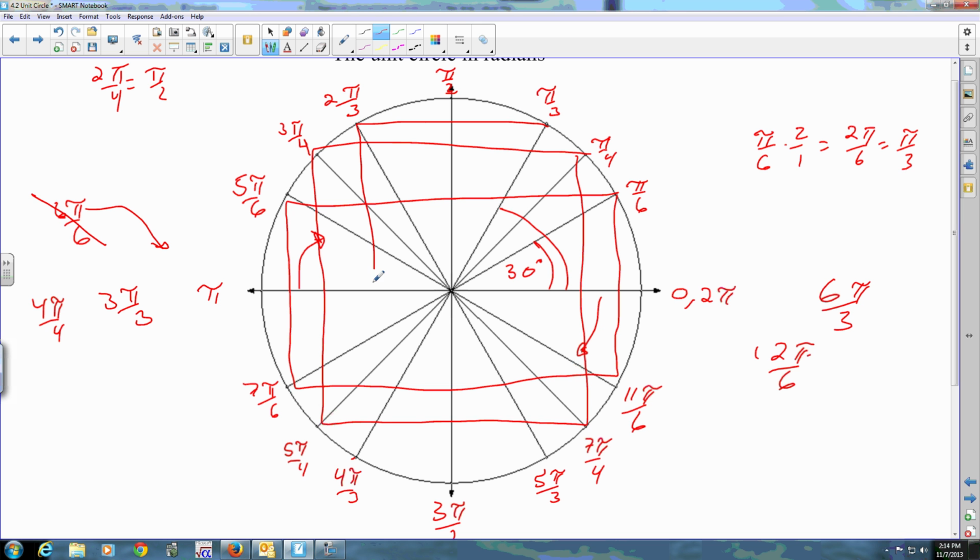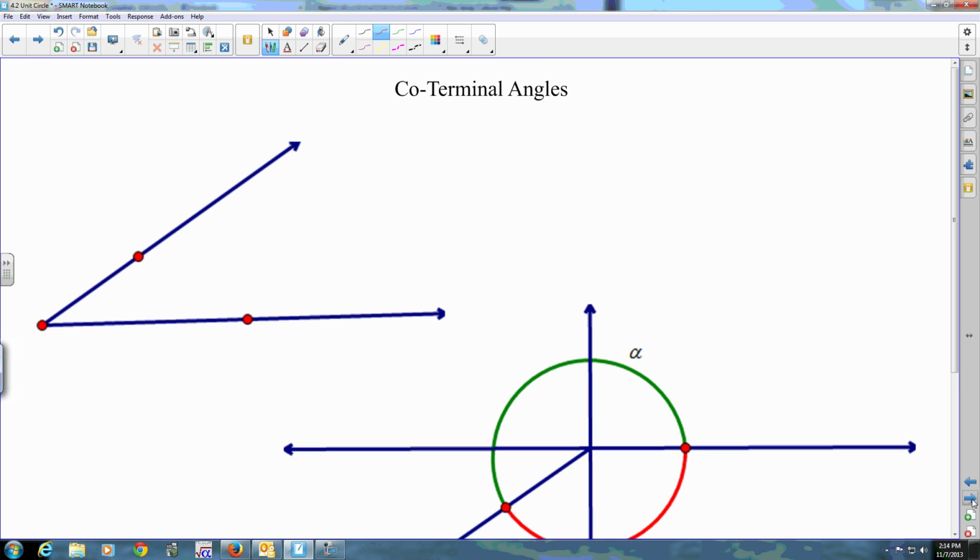They're the same angles, and they should have the same coordinates. You're just going to change signs. So that's the unit circle in radians. If you have further questions on how to memorize it, strategies for marching around it, let me know. I'll be happy to walk you through it. This is expected for you guys to memorize. If you have questions, like I said, let me know.